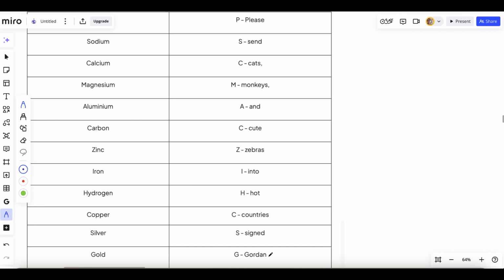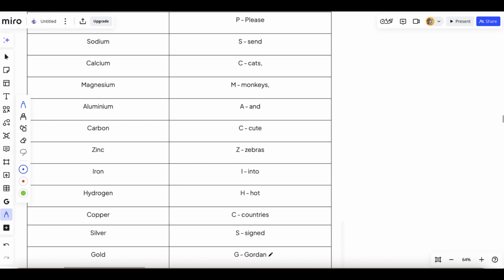You can use any name that starts with G if you don't like Gordon. Like me, I don't like Gordon. So you can use any name, George. You can use George. But the song is, please send cats, monkeys, and cute zebra into hot countries, signed George.